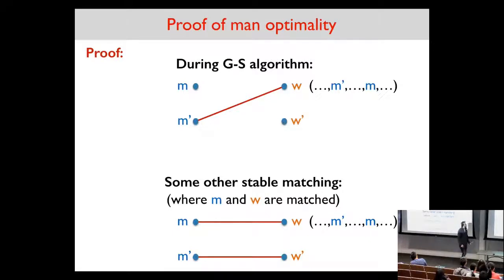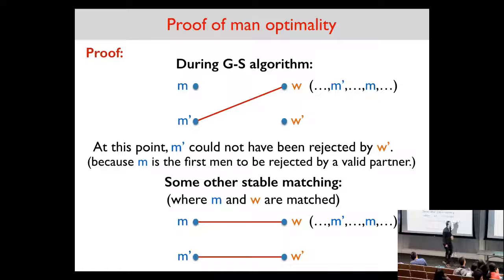Now here's the thing. So let's add W prime to that picture as well. Now here's the thing. We assumed that this is the first time a man got rejected by a woman W. So it means that M prime could not have been rejected by W prime at this particular moment.